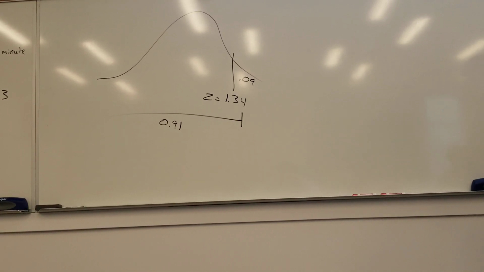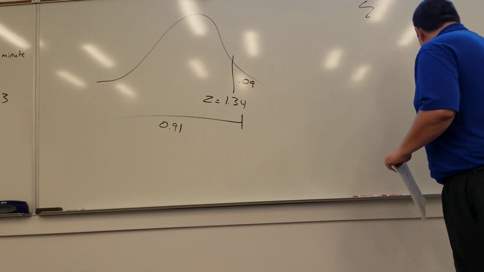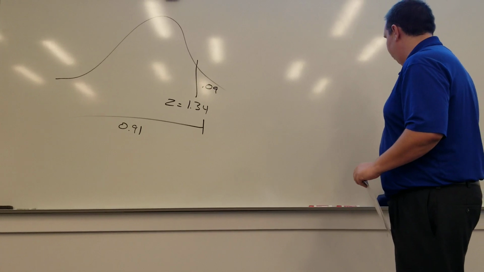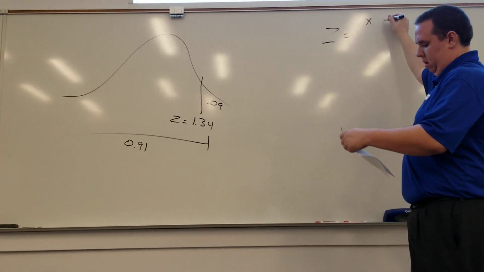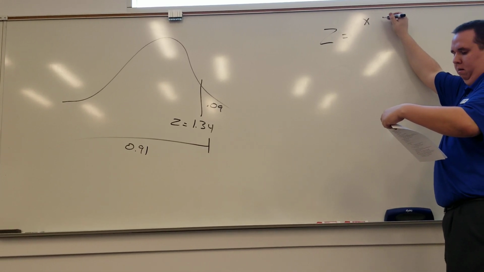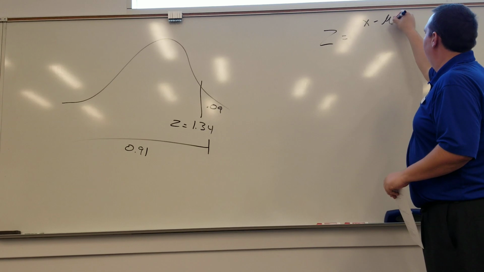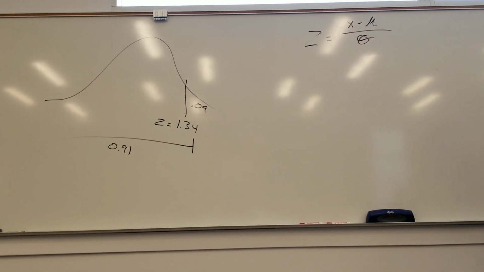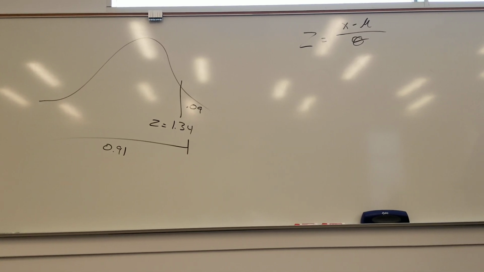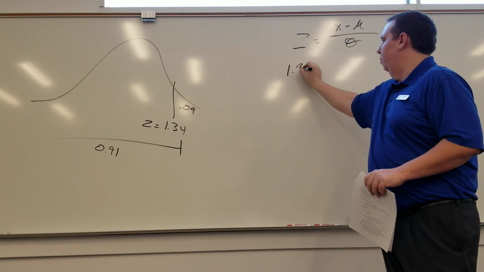We times that by the standard deviation. Okay. So let's just take a look at our z-score formula, right? So our z-score is 1.34.